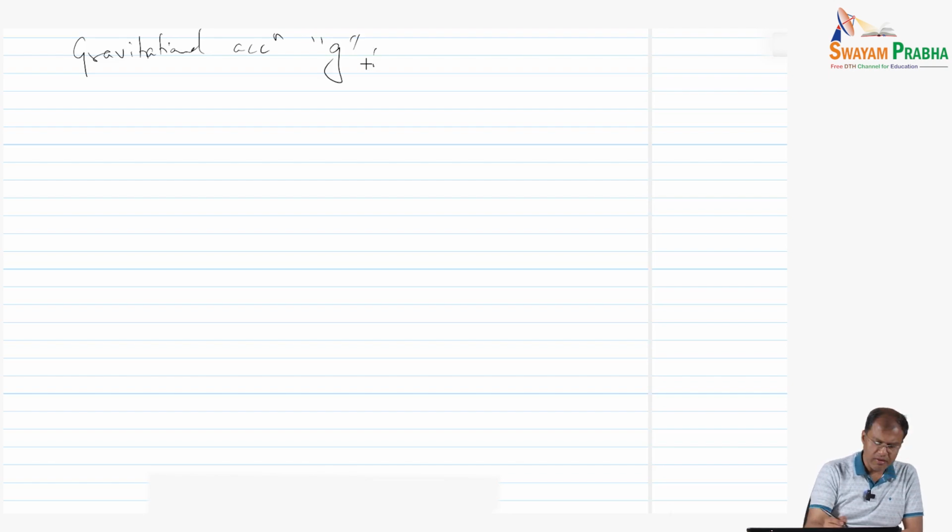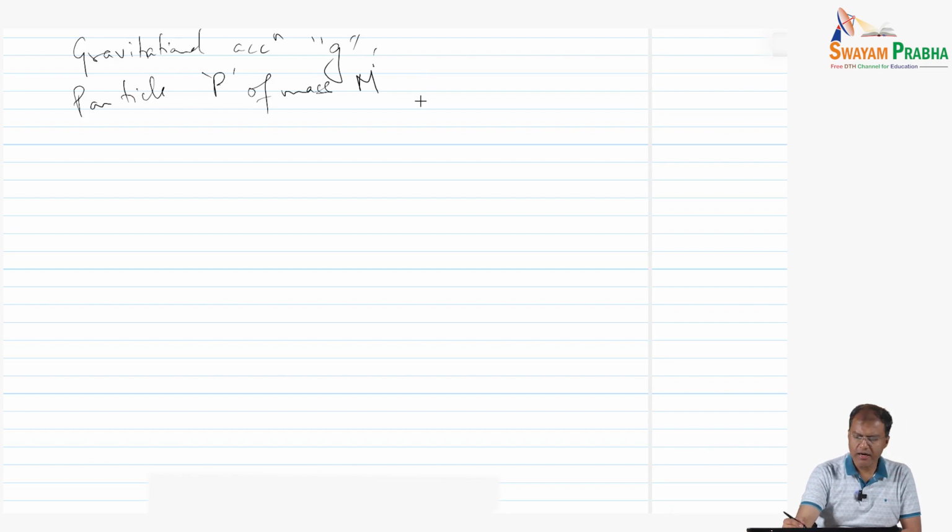Suppose you have a particle P of mass capital M, and it is attracted by a system of particles, lots and lots of masses of small mass mi, right?